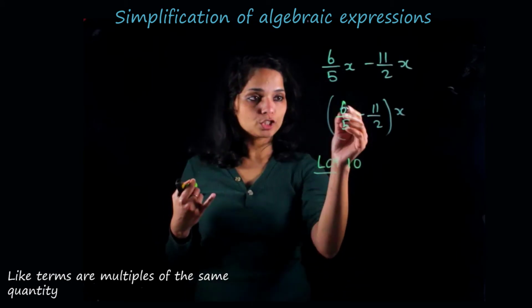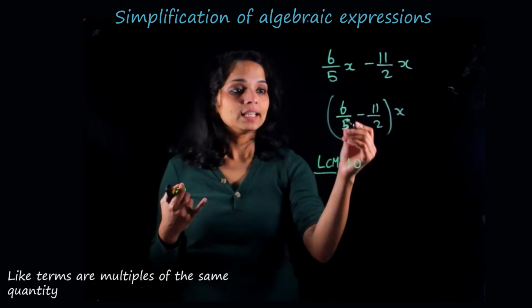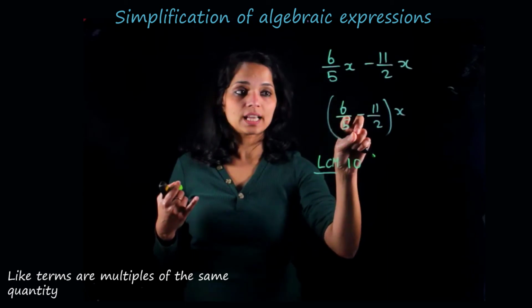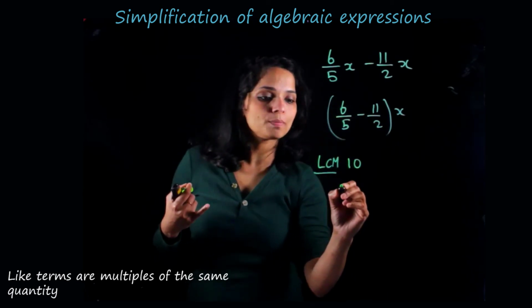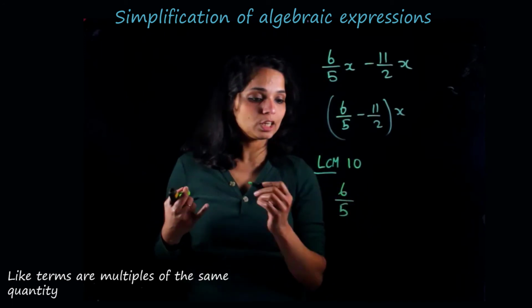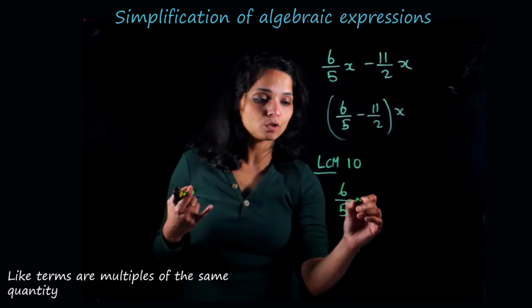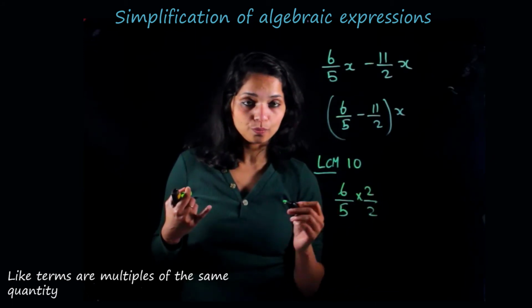To perform 6 on 5 minus 11 on 2, I'm going to make the denominator of both fractions 10. To make the denominator of 6 on 5 as 10, I'm going to multiply the whole term by 2 on 2.